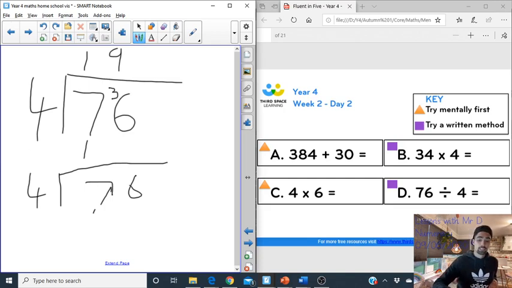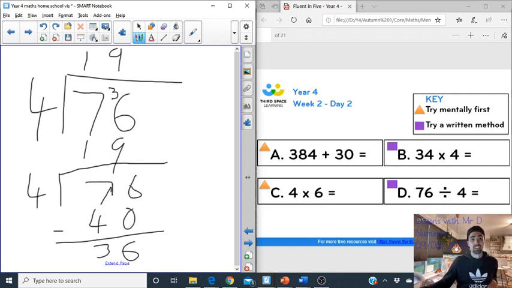Then I put my 40 that I have from my 10. 4 times 10 is 40. And I take that away. And that leaves me with 36. Then I do 4s into 36. Go 9. That's another way of doing it. Again, it doesn't really make much sense to me. I prefer this top method. However, you do have to know your division facts really, really well.